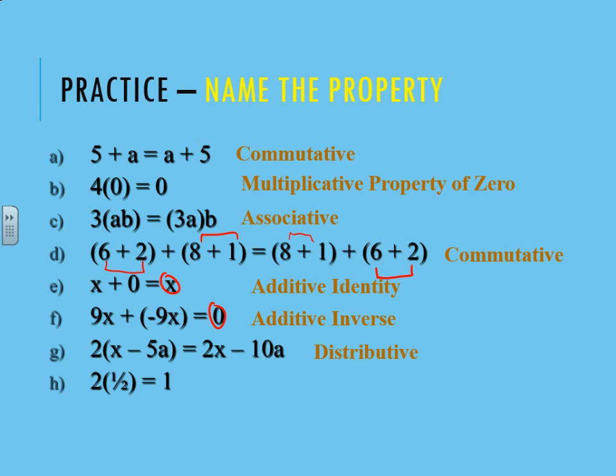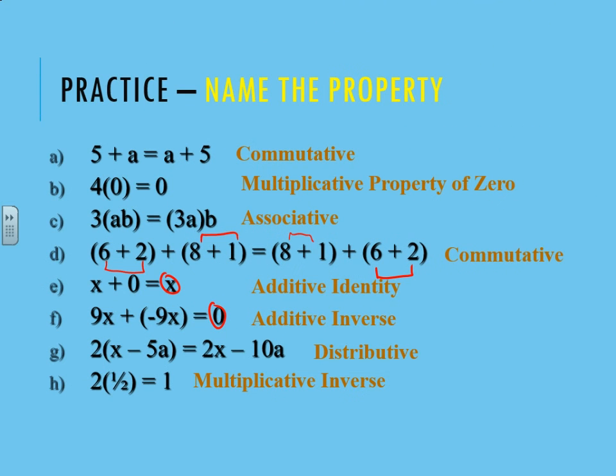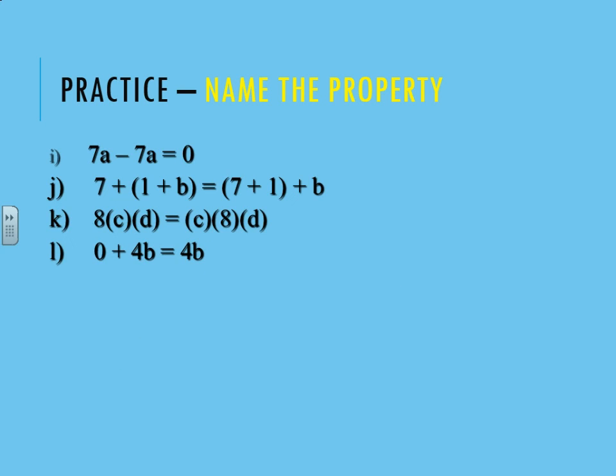And H is the multiplicative inverse because we multiplied 2, which remember we can write as 2 over 1. 2 over 1 times 1/2 equals 1. So that's multiplicative inverse. Those are reciprocals.